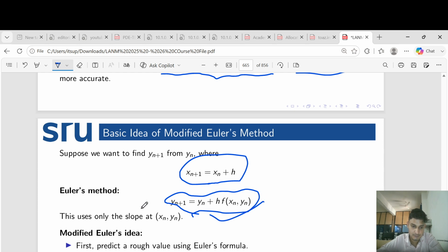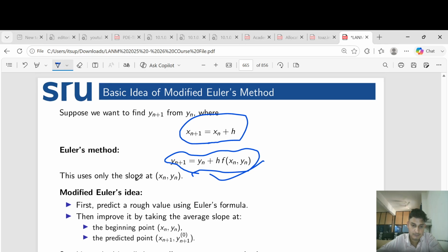This uses only the slope at (xn, yn). Modified Euler's idea: first predict a rough value using Euler's formula, then improve it by taking the average slope at the beginning point (xn, yn) and the predicted point (x(n+1), y(n+1)).